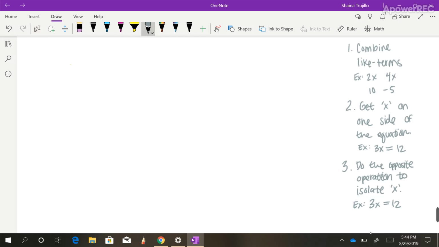Since this is multiplied, I want to do the opposite operation, or division. So I'm going to divide by 3 to get rid of that 3. Since I divide by 3 on this side, I also have to do that to the other side. So I get x equals 4. Okay? The most important part is that you remember to divide if it's multiplied.